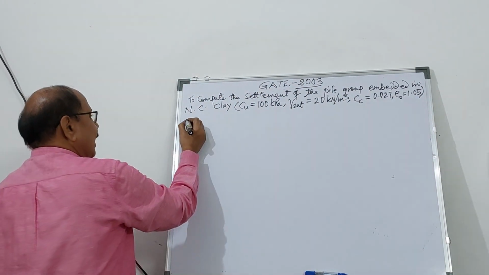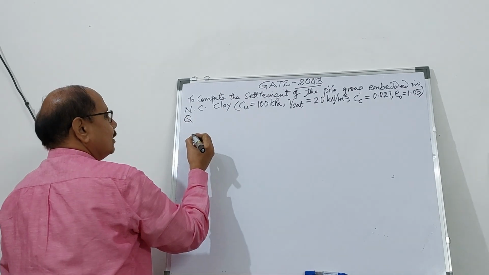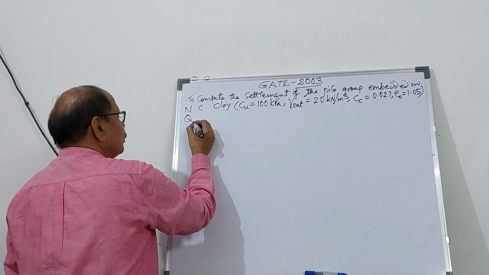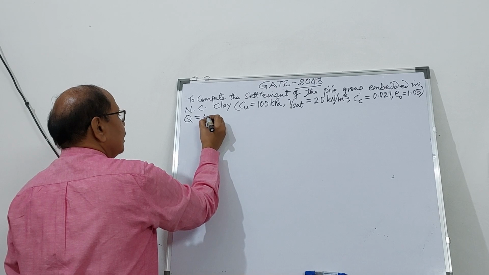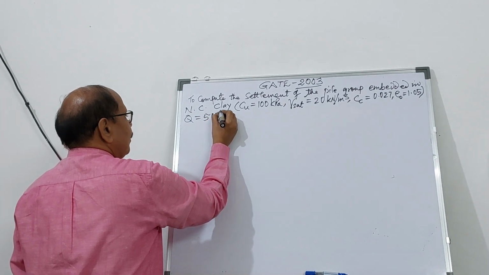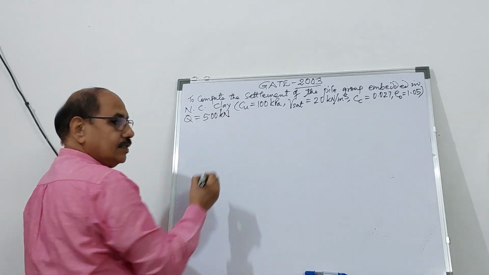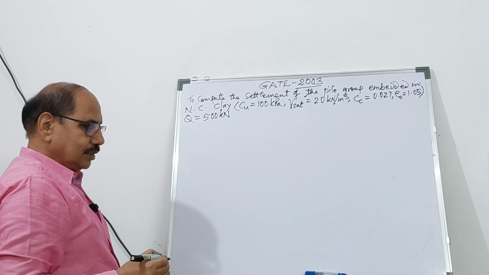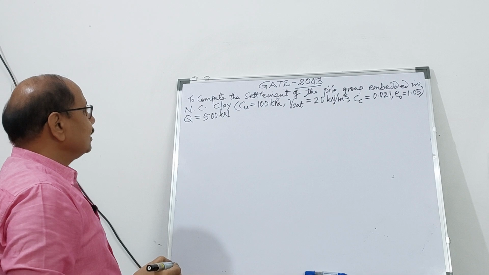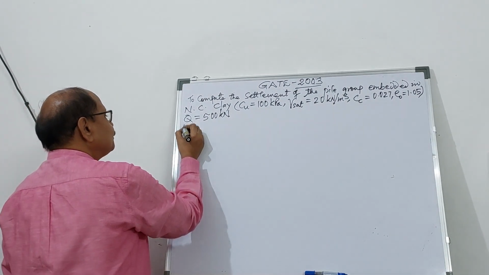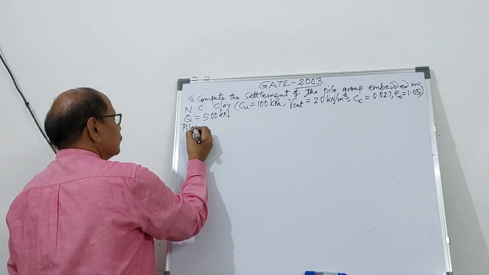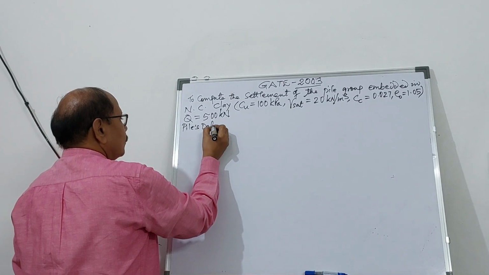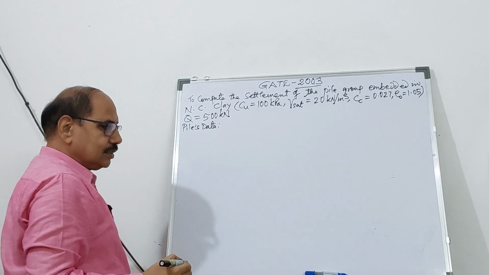and the load applied over the pile group is 500 kilonewton. So this is the total load that has been applied. The piles data are also known to us.